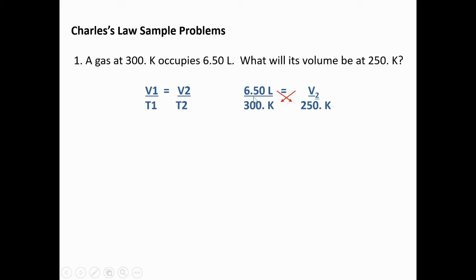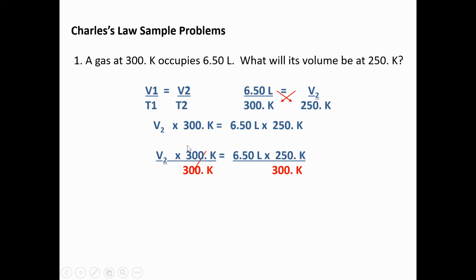So I plug my values into my equation. For these types of equations, the easiest way to solve for x, or in this case V2, is to cross multiply. So I have cross multiplied. V2 times 300 K equals 6.50 liters times 250 K. To get V by itself, I divide both sides by 300 K. It cancels out on the left and shows up on the bottom on the right.